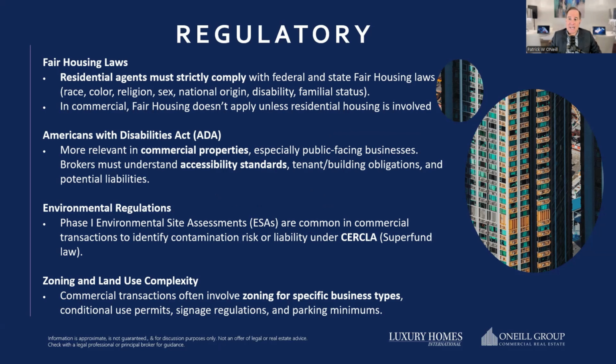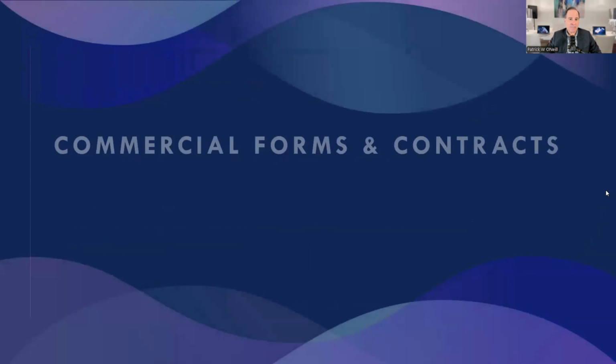If you look at the standard purchase and sale contract, the PSA for commercial, there is a paragraph in there where you can check Phase 1 environmental to be done. And a Phase 1 just does a quick assessment to see if there might be potential issues that would fall under the EPA. And then zoning and land use complexity. It can get very complex in the commercial world as we look at those items.